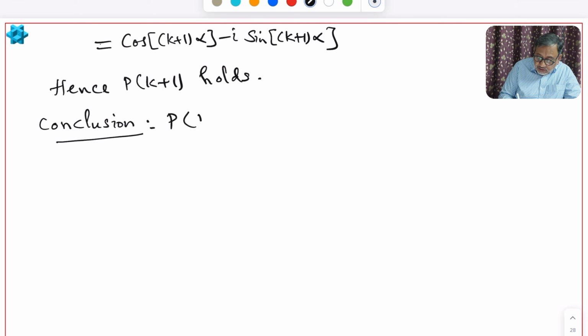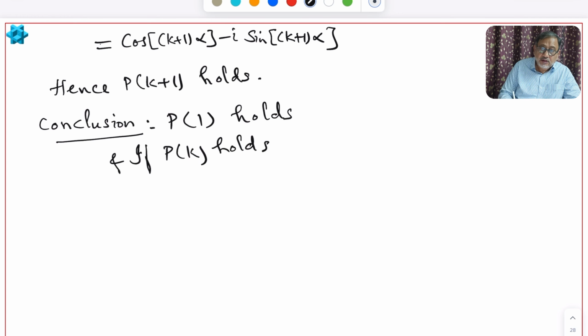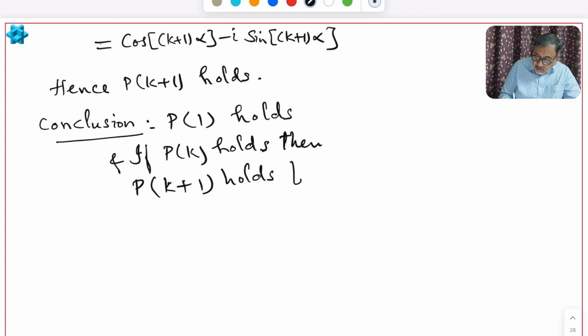P of 1 holds, and if P of k holds, okay, then P of k plus 1 holds, for all k belongs to Z plus.